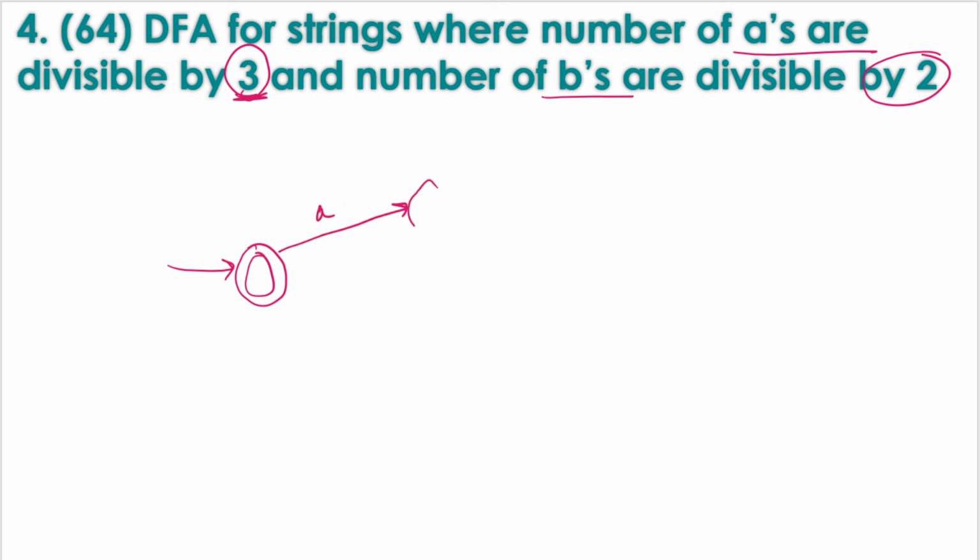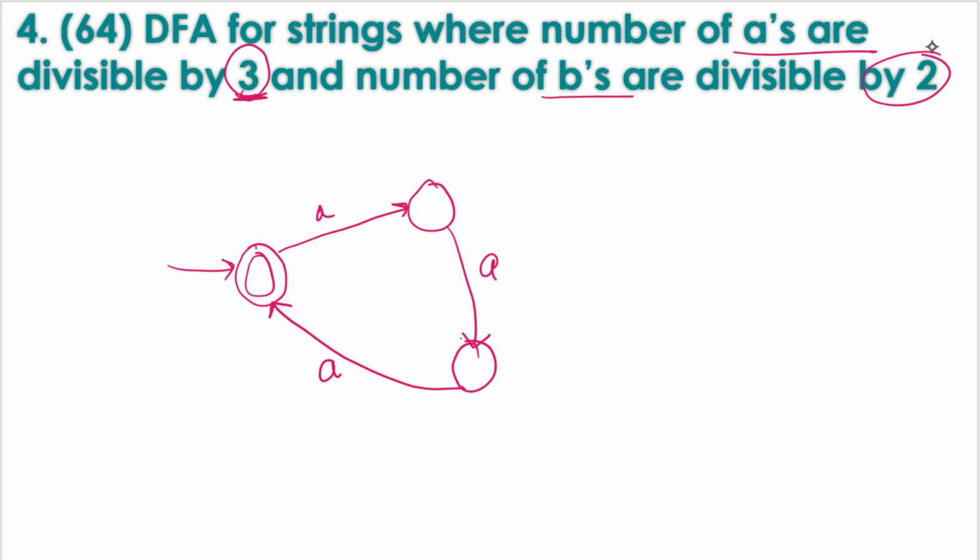So making a move or scope for these A's, three A's, we make it a cycle, because any number of A's that are a multiple of 3 must be acceptable. So 3A, 6A, 9A are all acceptable.